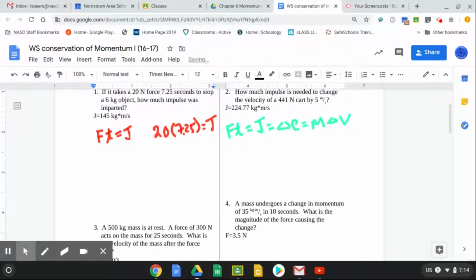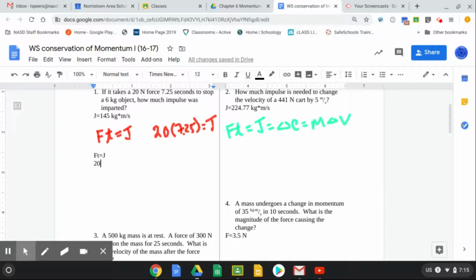So even if you want to do it with typing, you can just type right in here, Ft equals J, and then just put it in there. 20 times 7.25 equals, and then your answer. So do show me some amount of work. Don't just type in an answer.